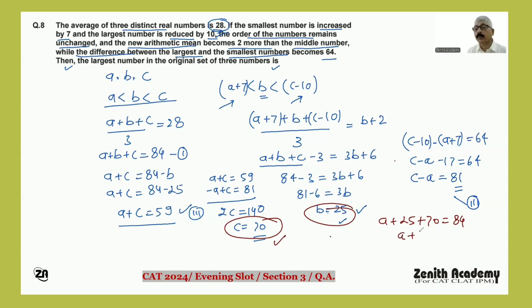It means the value of A will come out negative. So A plus 95 is equal to 84. A is minus 11. So the biggest one is C, which is equal to 70.